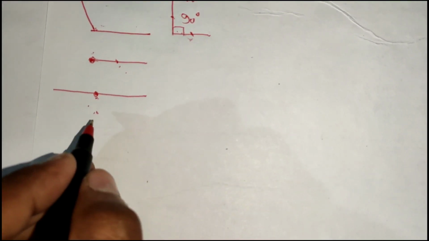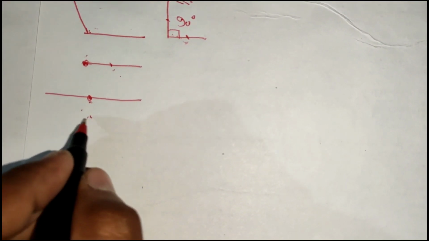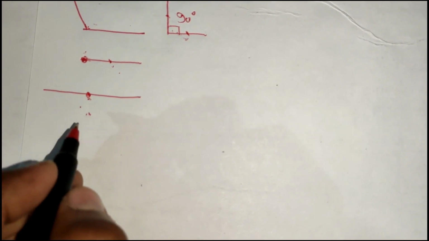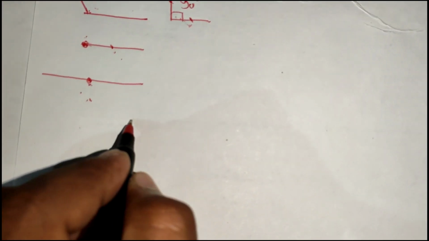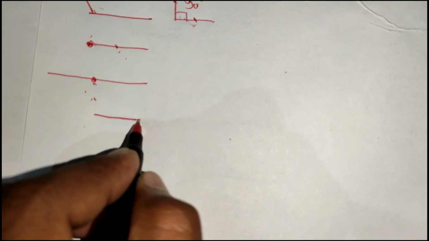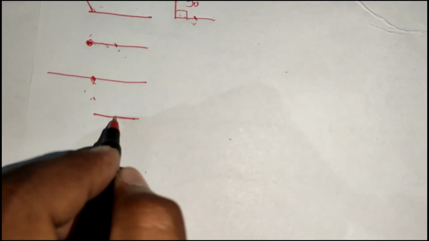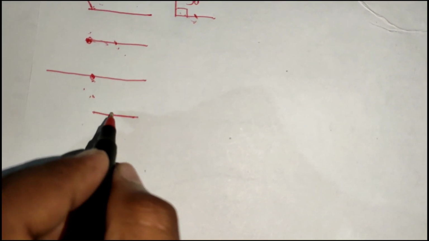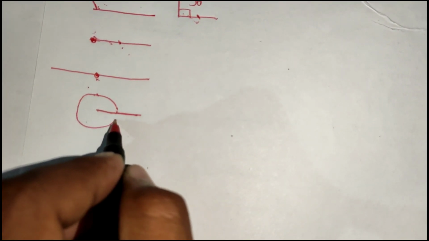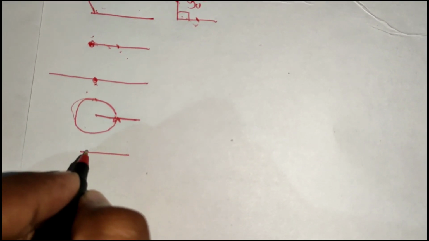Now the reflex angle. The reflex angle is greater than 180 degrees and less than 360 degrees. So the 360 degree angle also looks like the 0 degree angle. The difference is that we are measuring one complete rotation of this arm. So if this is a line, this is the first arm, the second arm is making the complete revolution and ending up here.